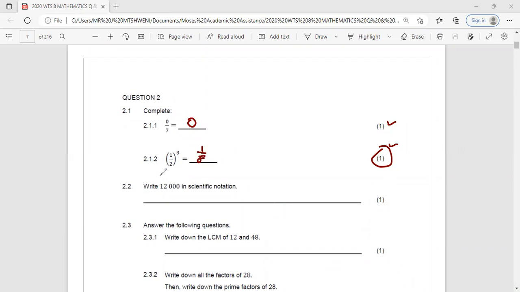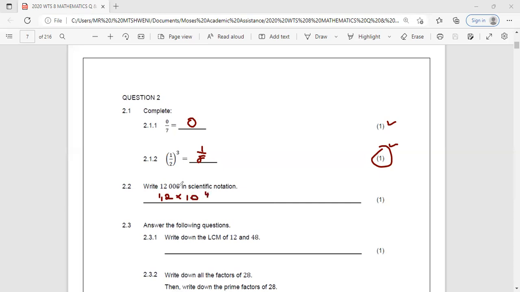Now, they said write 12,000 in scientific notation. When you punch 12,000 in your calculator and press equals, it will give you 1.2 times 10 to the power 4.